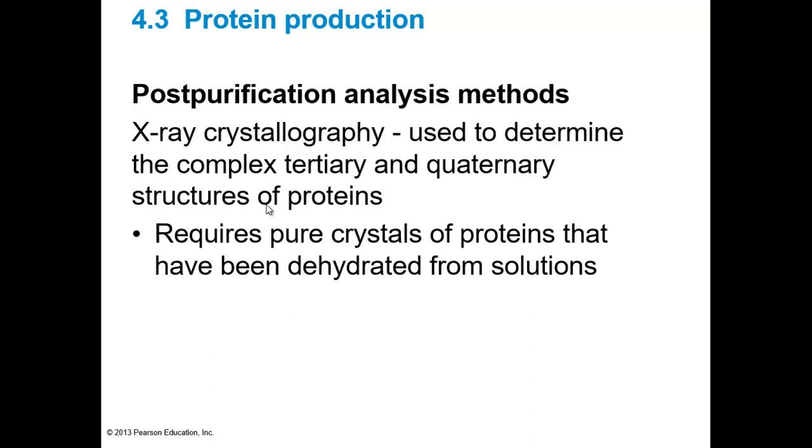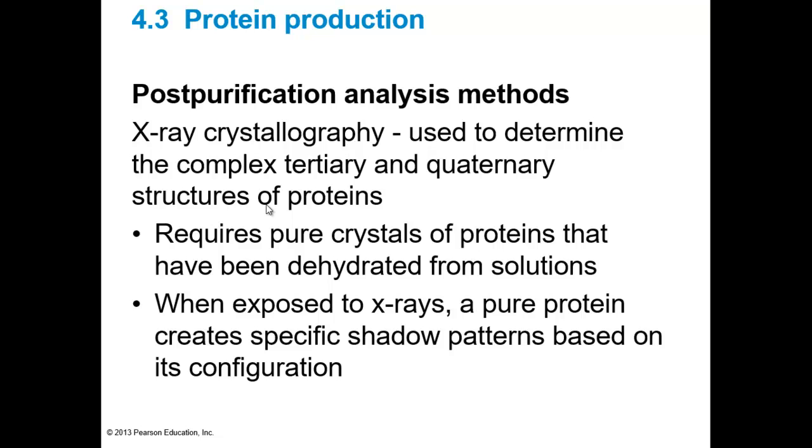Okay, so you need pure crystal proteins. You just dehydrate the solutions and the crystals will form. And then when you expose the crystals to X-ray, a pure protein creates a specific shadow pattern based on the diffraction of the X-rays and the configuration of the protein.